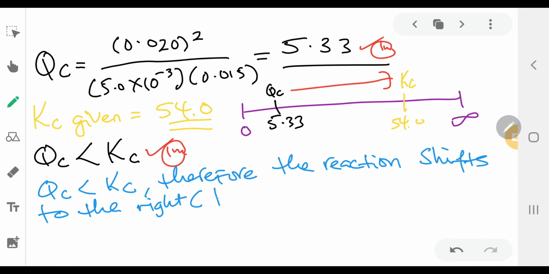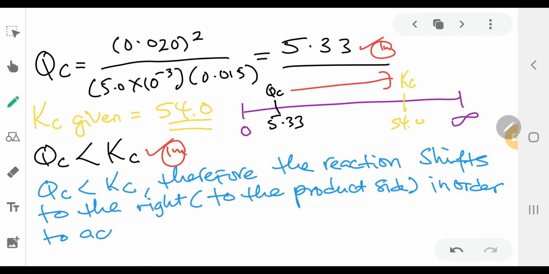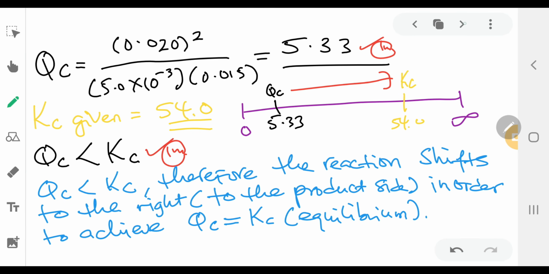In brackets, in order to achieve Qc equals to Kc, in brackets, equilibrium. Okay?